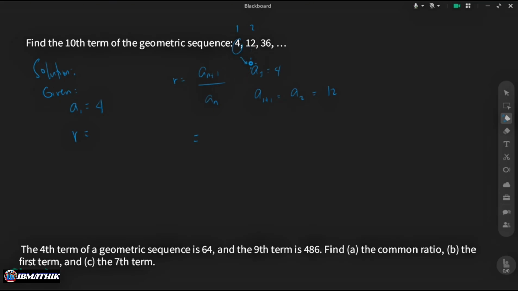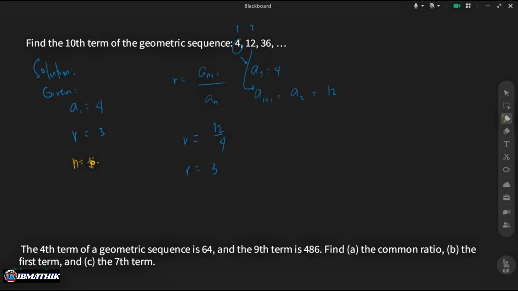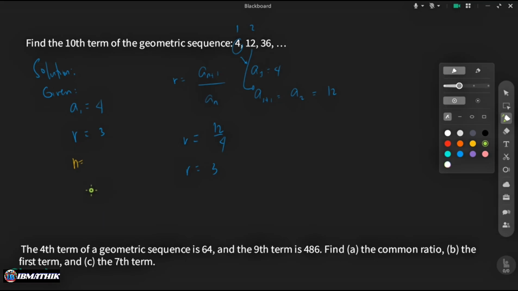And then there you go. So 12 divided by 4, our r is 3. Next, our n is 10. Very good. 10 because we are looking for the 10th term.